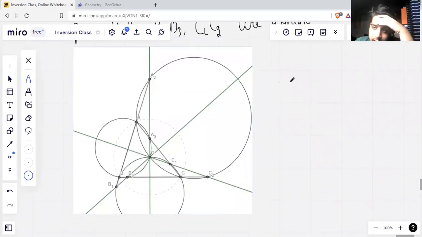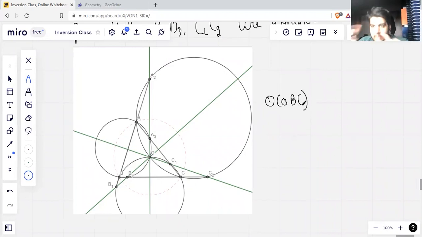Okay, so under inversion, notice what's the image of OBC under circumcircle inversion. Since it's a circle passing through the center, it should be a line. It has B and C lying on it, which go to themselves. So OBC goes to BC.